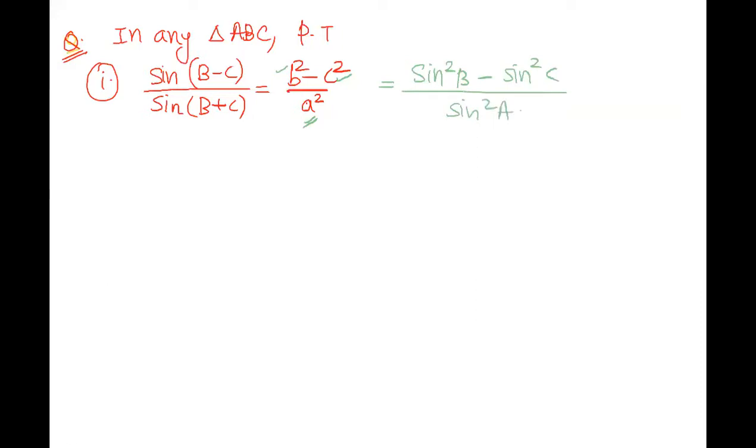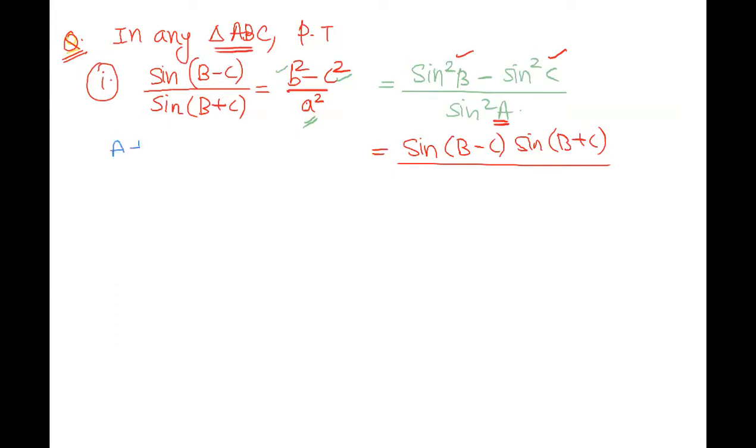Okay. Now this formula also we have said already, sine square b minus sine square c. The formula will be sine of b minus c into sine of b plus c, divided by, since we are talking about a triangle, a plus b plus c is equal to pi. It means this angle A I can write as sine of pi minus b plus c.